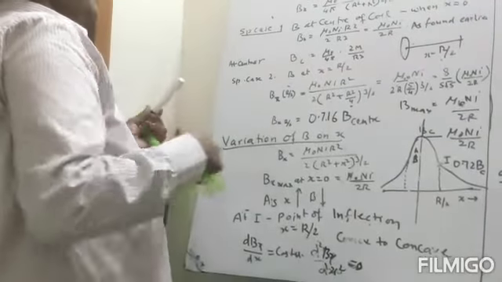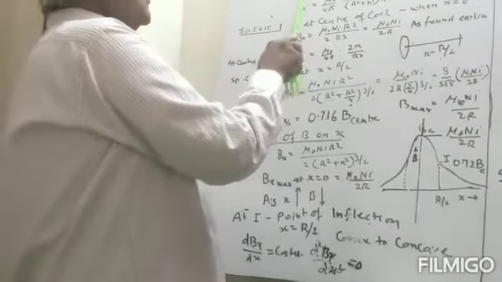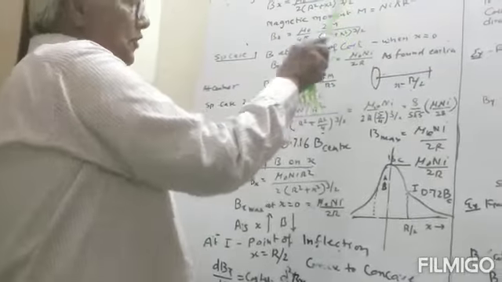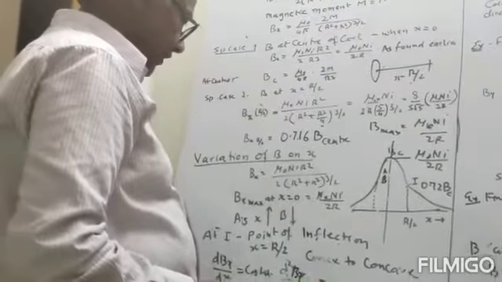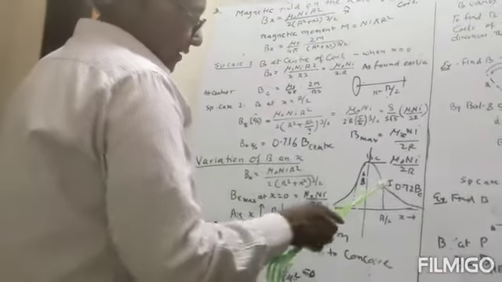So if we take this value of B(x), differentiate twice with respect to x and put it equal to 0, then the value of x will come to be R/2.